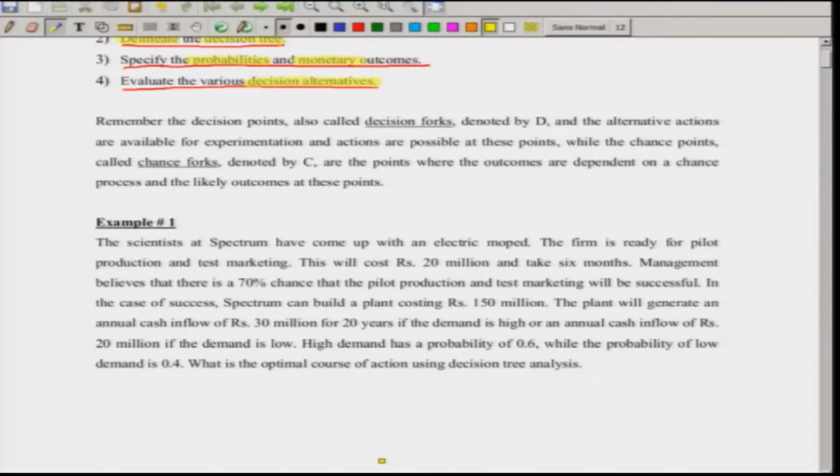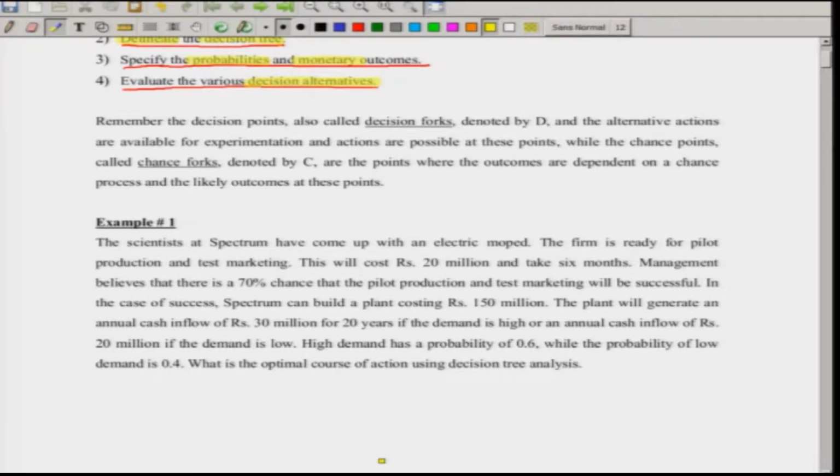The plant will generate an annual cash flow of 30 million rupees continuously for 20 years if the demand is high, because they have already test marketed it and done a pilot production. So, it will be 30 million each year for the coming 20 years if demand is high, for which the probability is 60%. I will come to that later on.